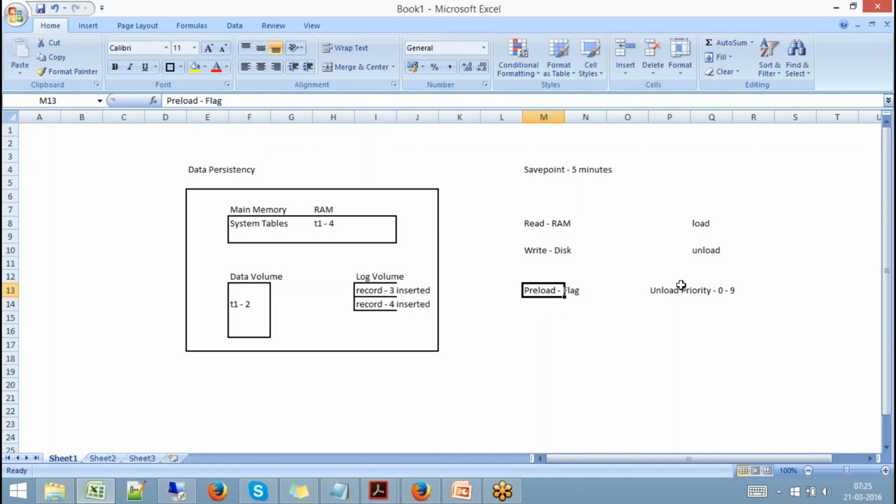Next, you can think of the next level: if the data on the disk is lost, that is a question for any database, because every database stores data on the disk. So you have the concept of backup. You take regular backups of the data volume, and also of the log volume.